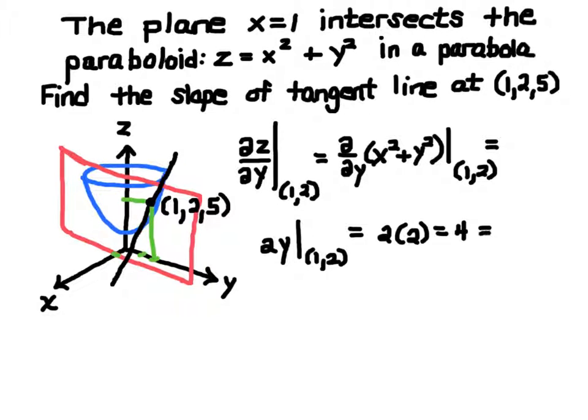So the slope of this tangent line is 4. I'm going to put a box around that answer. And there we have it, the slope of this tangent line right here. And that's a line, so let's give it some arrows at the end. And the slope of this line is 4.